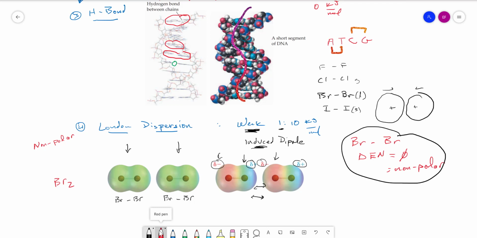Chlorine is mostly a gas, although it's very near a liquid state. It doesn't take much pressure to induce it. And fluorine is definitely a gas. And so you can see this trend from gas to liquid to solid simply based on the size of these atoms and their propensity to have an induced dipole and undergo some sort of London dispersion force.